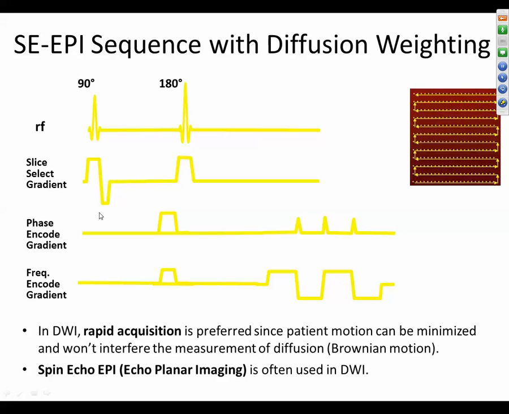The reason is that in rapid acquisition, images are acquired in a very short period of time, so patients don't have much motion, and the motion is reduced. And what we measure is just the Brownian motion or the diffusion, not the patient motion. One of the rapid acquisitions is EPI, echoplanar imaging. Diffusion-weighted sequence is always a spin echoplanar imaging sequence.